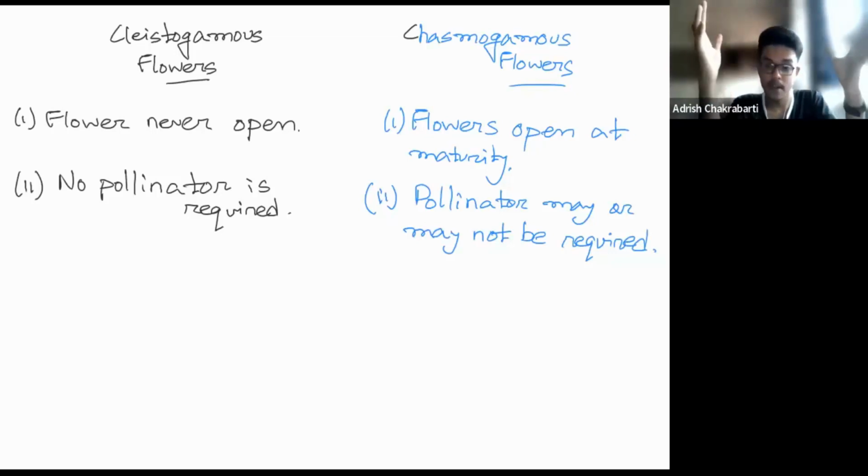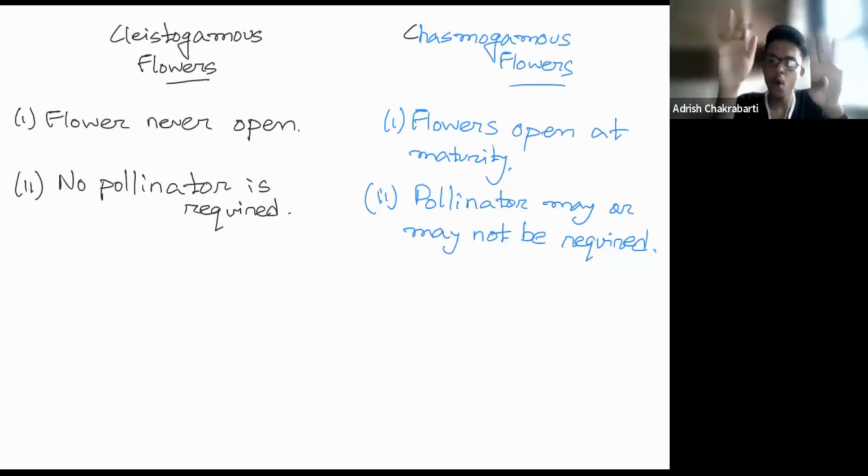Now it has the option to self-pollinate by falling on the stigmatic surface of the same flower, or with the help of pollinators it can go to a different flower, on the same plant or a different plant. It's not that chasmogamous flowers only conduct cross-pollination. Even chasmogamous flowers can exhibit self-pollination as well as cross-pollination.